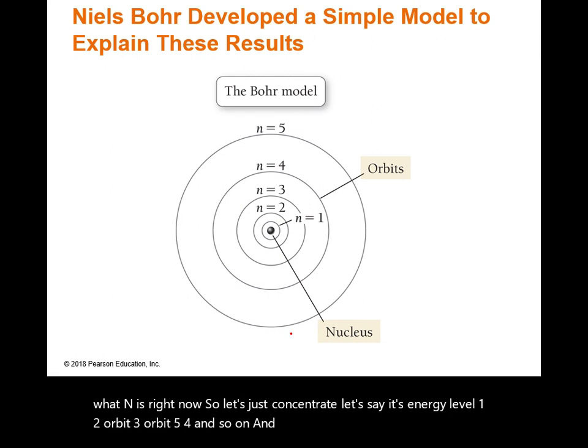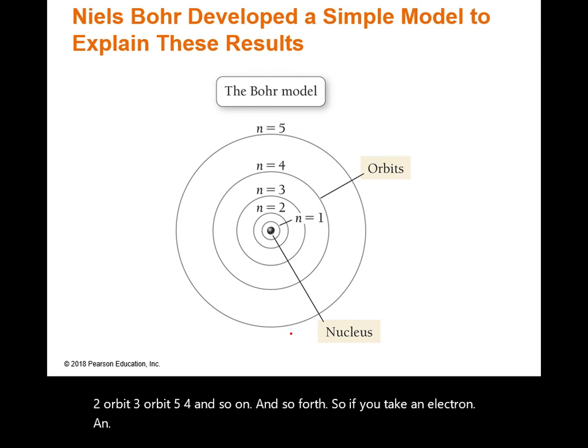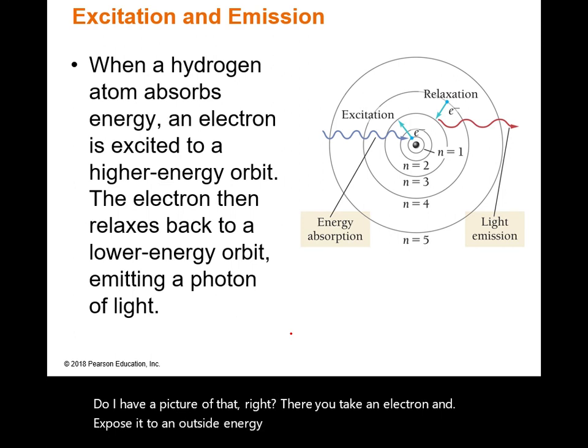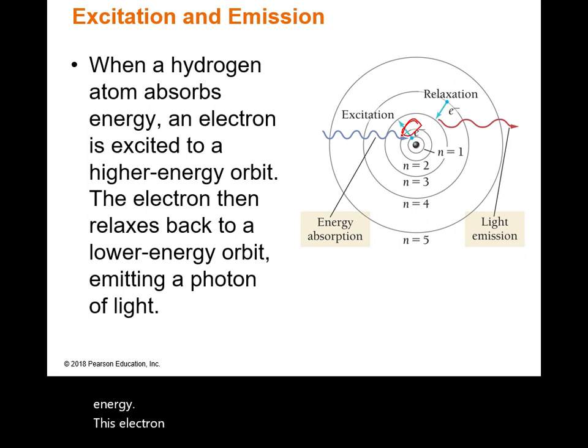So you take an electron and expose it to an outside energy source. That electron is going to absorb energy and move to a higher energy level.